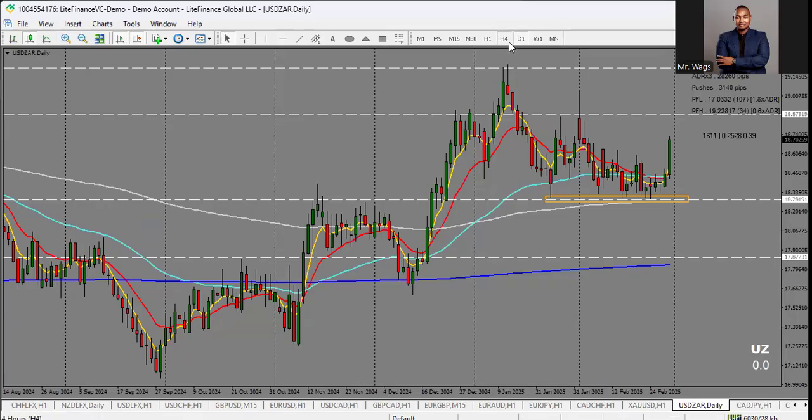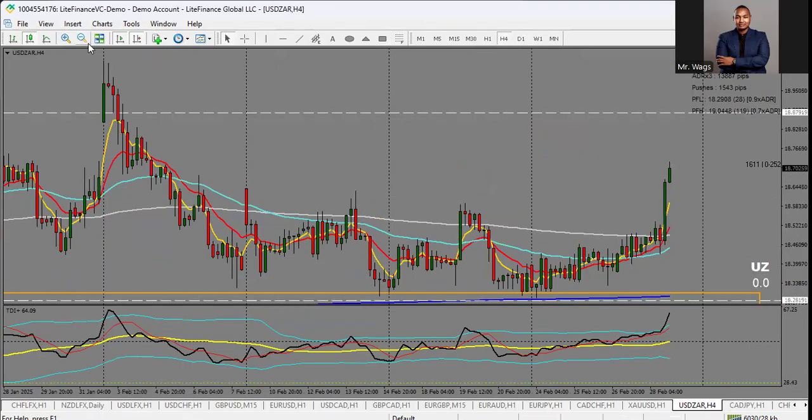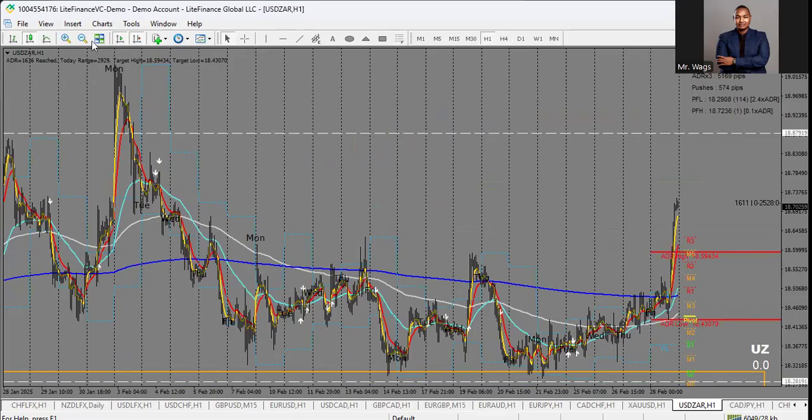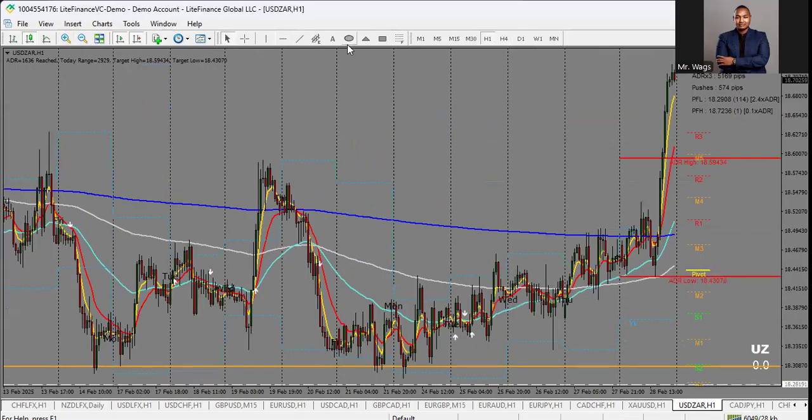So on the daily time frame, on the hour 4, the RSI price line on the TDI is showing that we are going up, going to find the level highs. So on the hour 1, we have our peak formation down here.